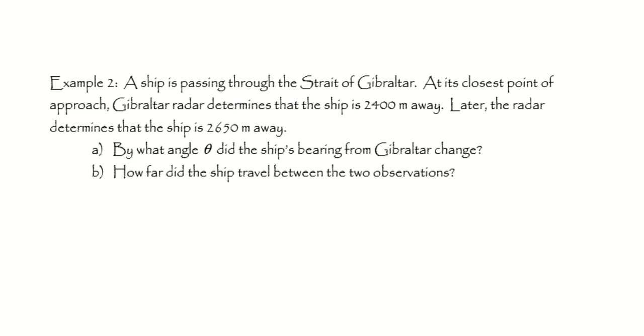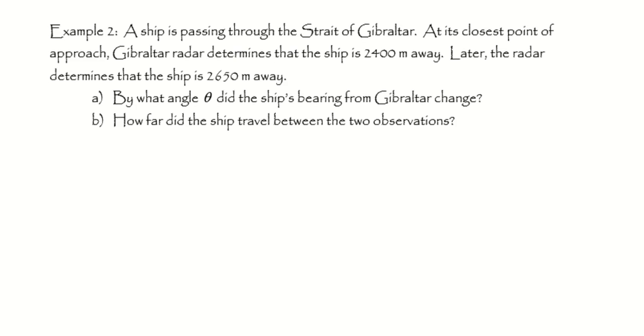Example 2. A ship is passing through the Strait of Gibraltar. A strait is a passage of water between two pieces of land. So I've got this land, we're going to call this Gibraltar, and this is the water. I've got a ship that is passing through.